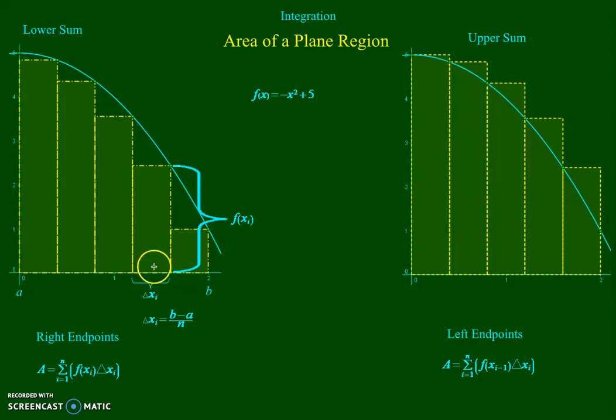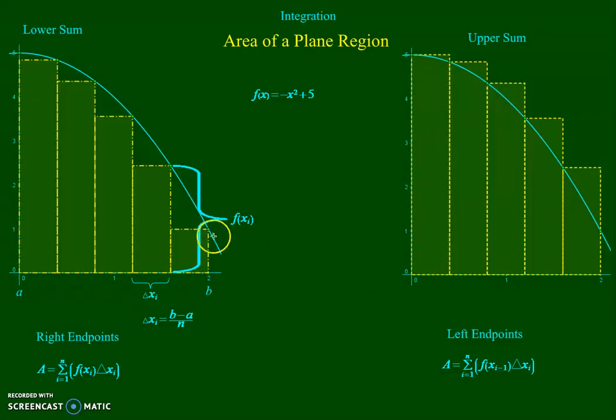So we would say that this is the ith subinterval. This is the ith, i plus 1, i plus 2, i plus 3, and so on. Over here for an upper sum, we're using the left endpoints. So if this is the ith endpoint, this is the i minus 1 endpoint. So that's going to come into importance when we deal with the actual summation formula.